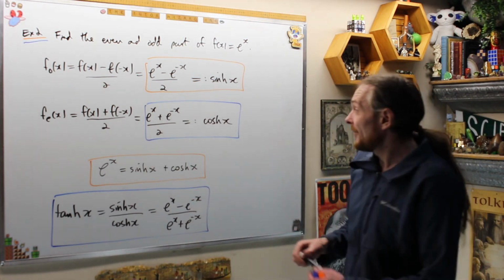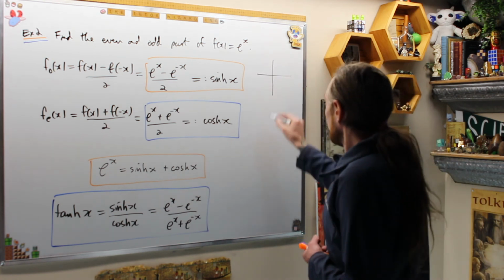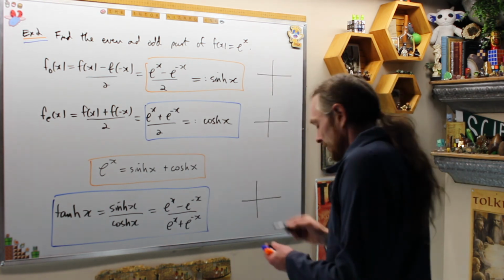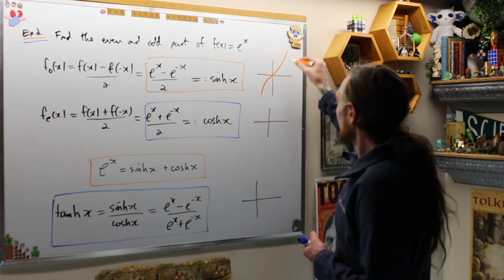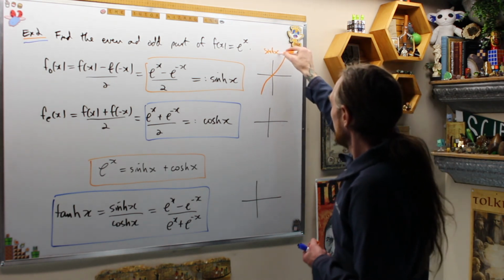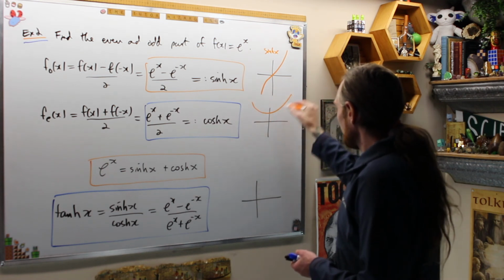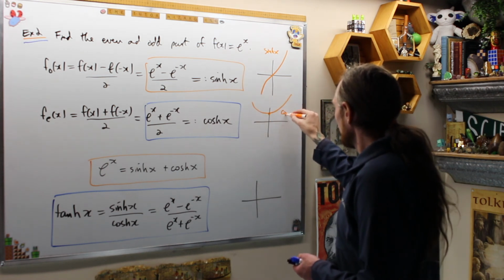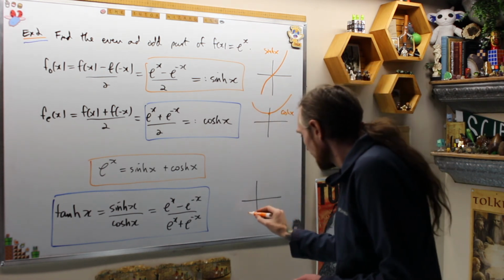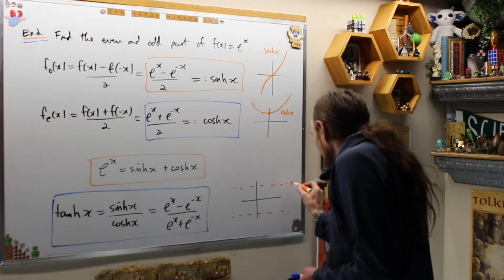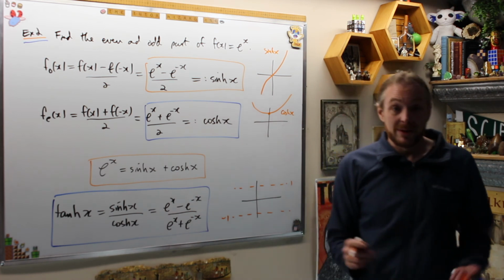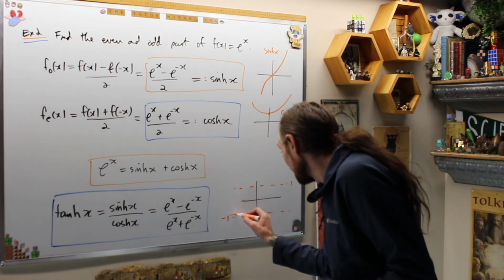What do they look like graphically? Sine hyperbolic is going to be this guy. Cosine hyperbolic is going to look like this, right at 1. And tan hyperbolic is going to have 1 and minus 1 as horizontal asymptotes, and we're going to do this.